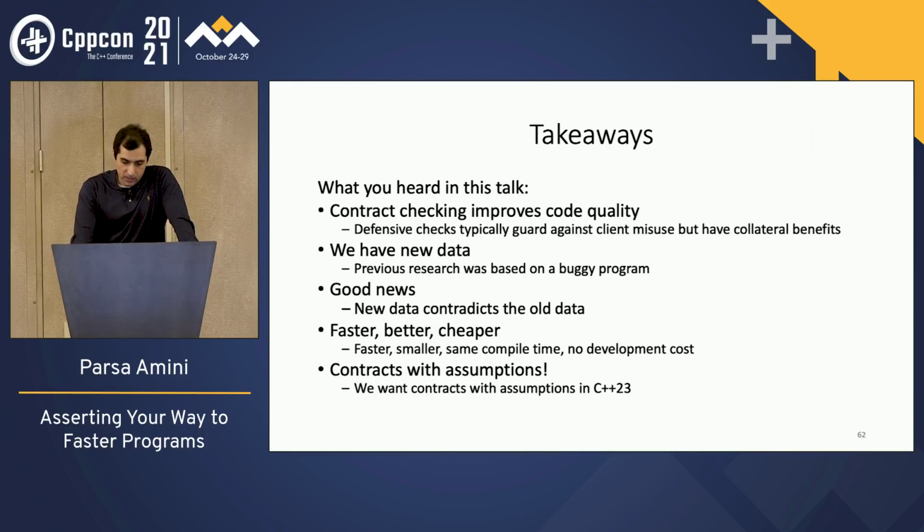The next one is that we have new data that shows correct code doesn't run slower with assumptions. And our data also shows that correct code can become faster and smaller at no extra development effort. And because of all of this, I would very much like to see contracts with assumptions to be in C++23.